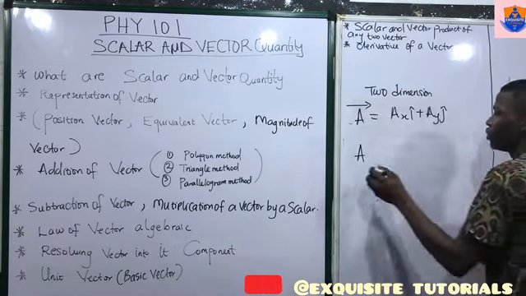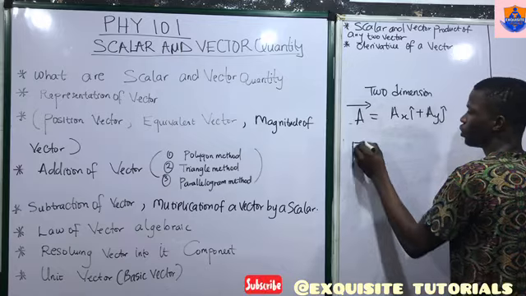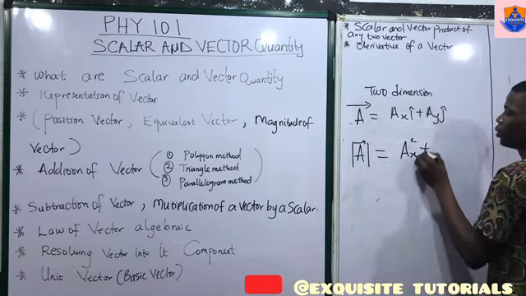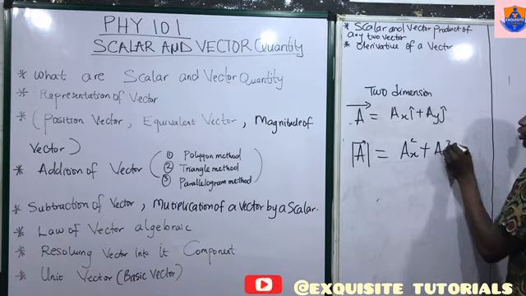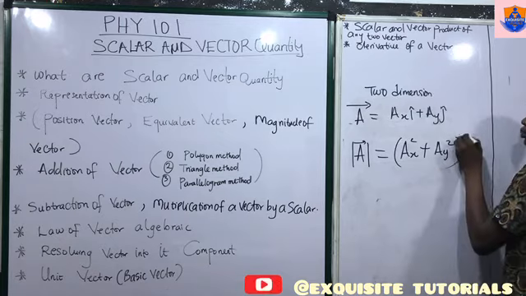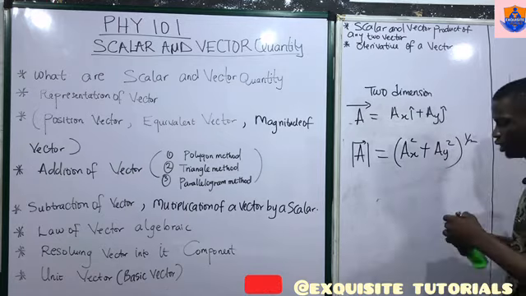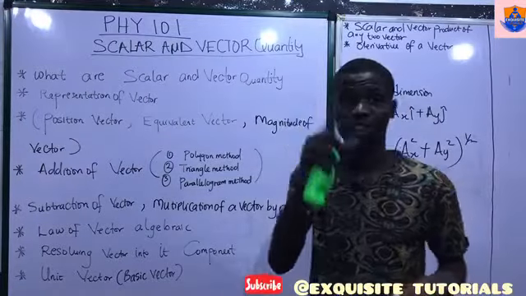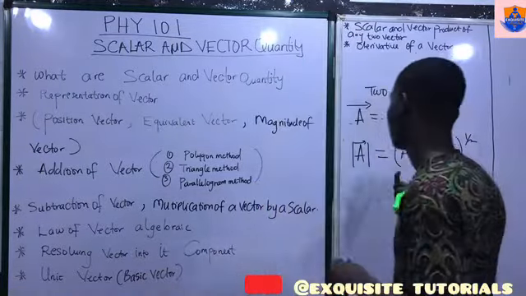So the magnitude is equal to ax squared plus ay squared, everything raised to power 1 over 2. That is you applying Pythagoras theorem.